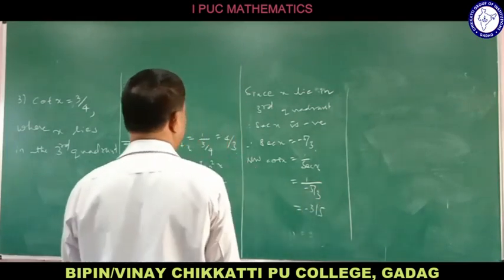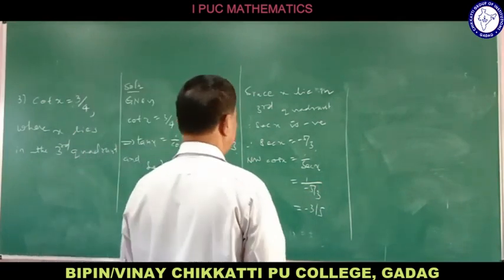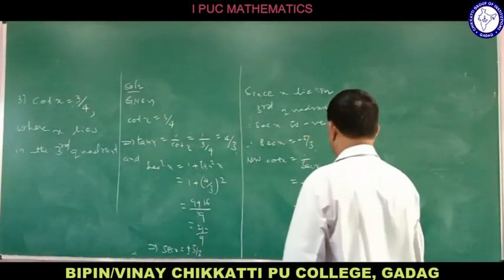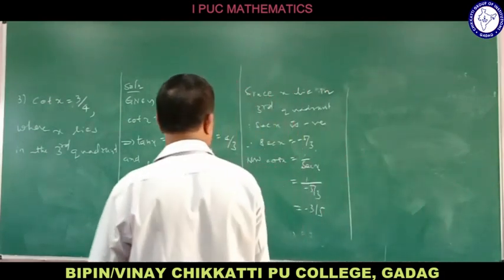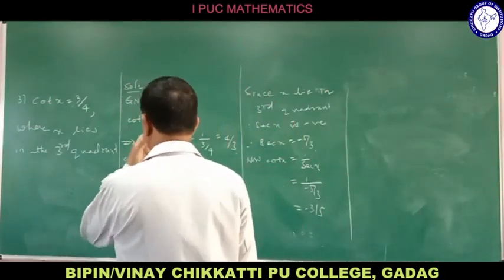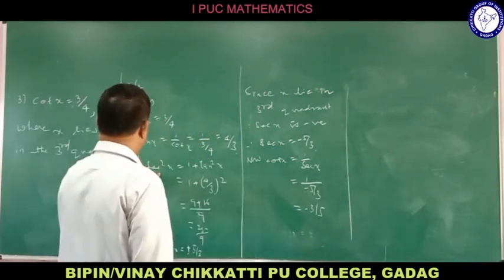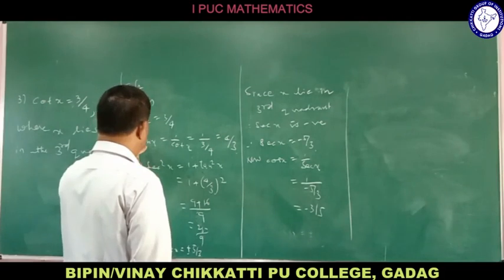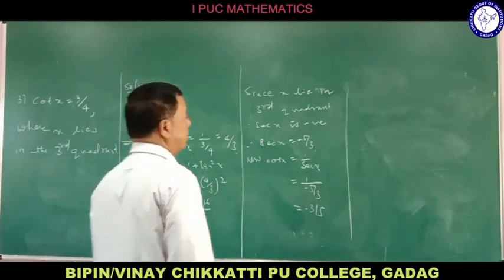When you understand this sec x, now we have to go for writing the value of cosec x, but we don't know the value of sin x, and we have to find it out. See here, you have got cot x, you have got tan x, you have got sec x. Cot is given, tan, sec, and cos you have got, but not sin.